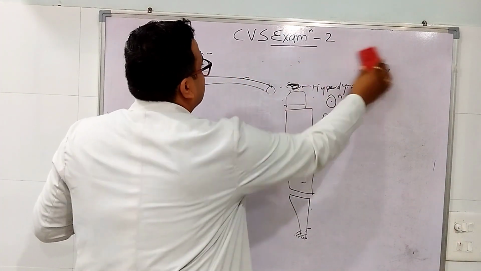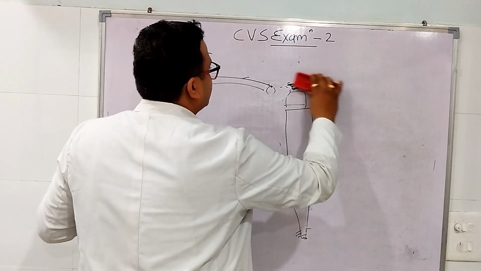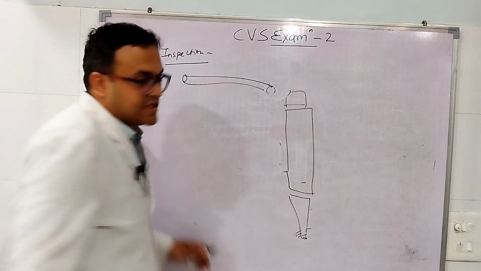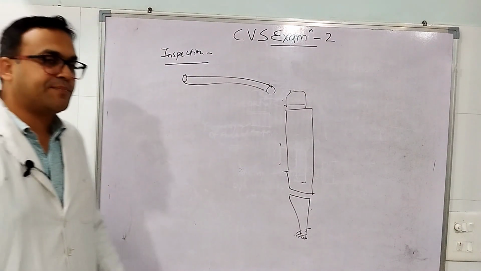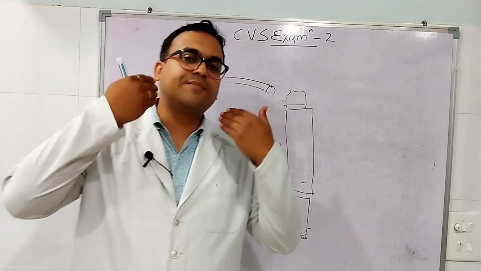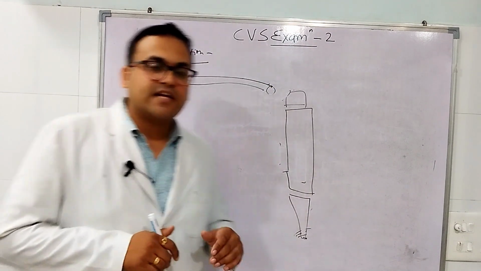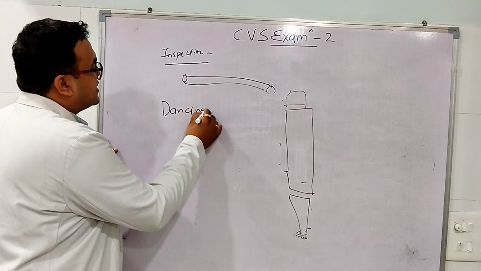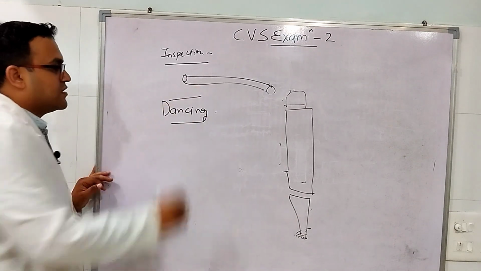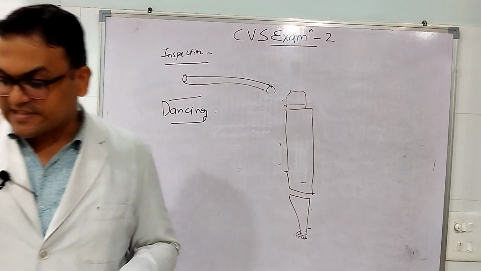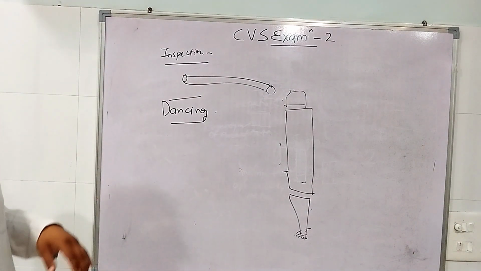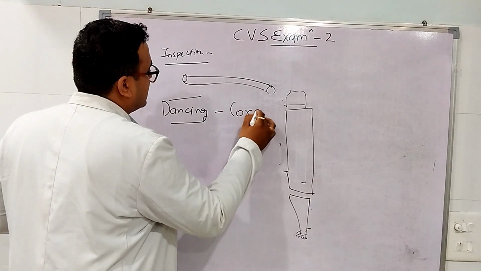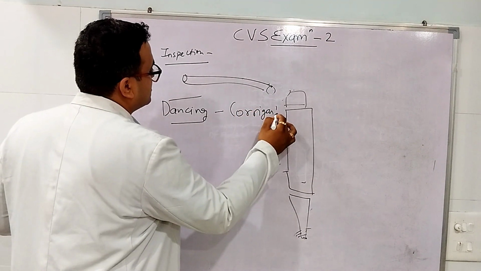Coming to carotid pulsations. In patients with chronic severe aortic regurgitation, there will be very prominent carotid pulsations, as if the carotids are dancing. So these dancing carotids signify that there is chronic severe AR, and this is also known as Corrigan's sign.